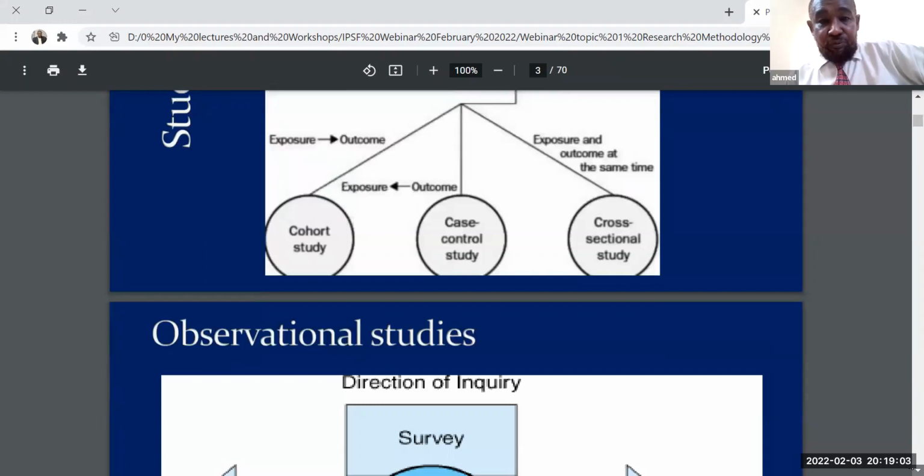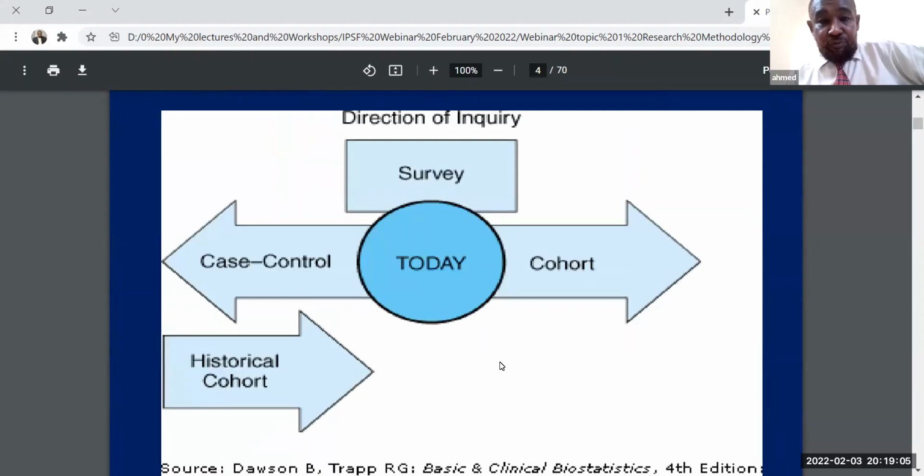And regarding case control, cohort, and also cross-sectional, it is based on when we start collecting the data. If we take today in the circle here, and go forward to the future, this represents cohort. And if we go back to the past, it is case control.